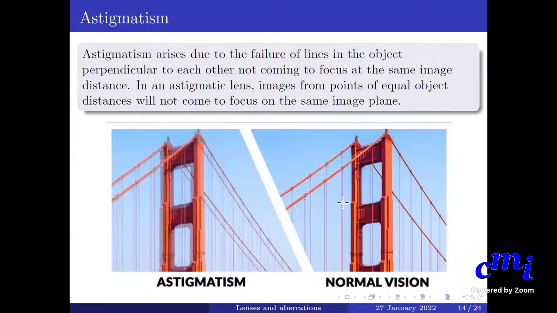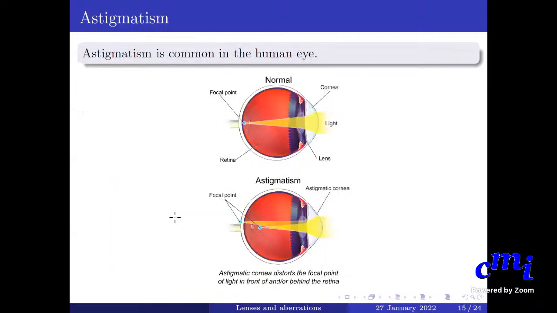Astigmatism is when the lines in the object perpendicular to each other, say here, do not focus at the same point. This kind of effect is very common in the human eye. Astigmatism is a very common aberration of the human eye also. So this is what is happening.